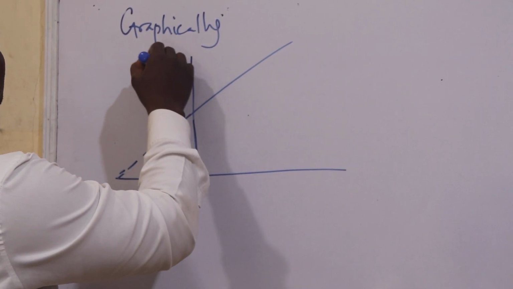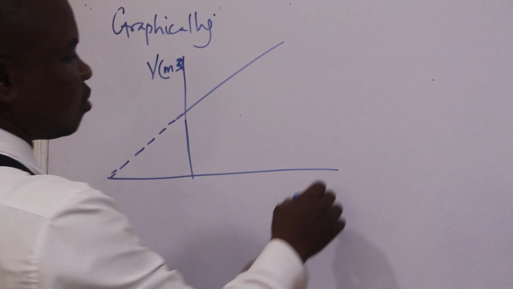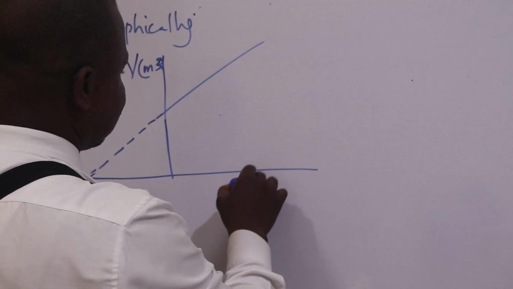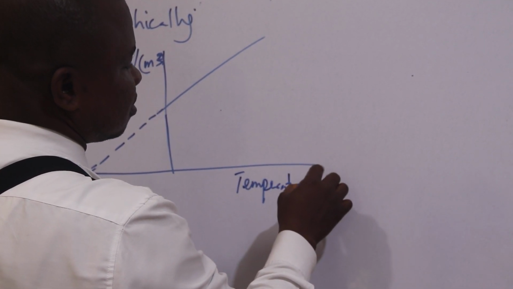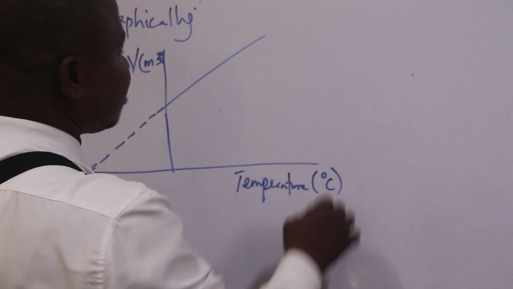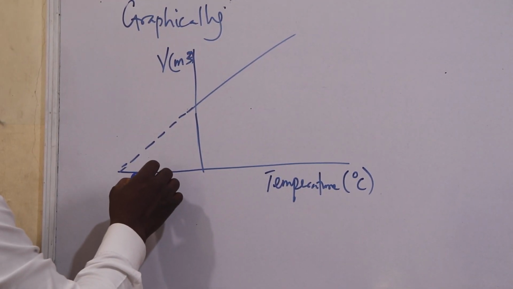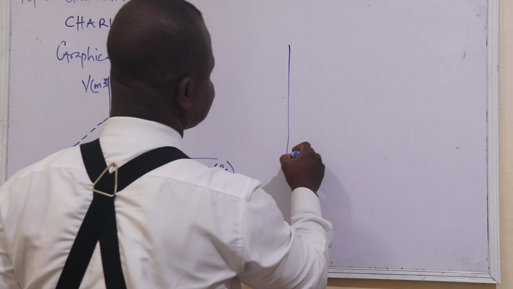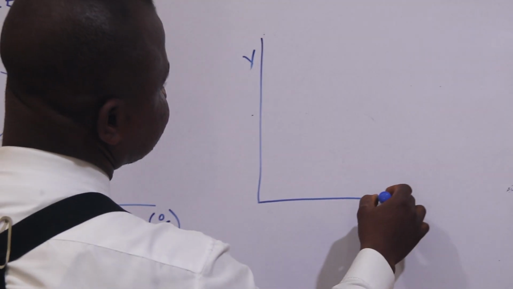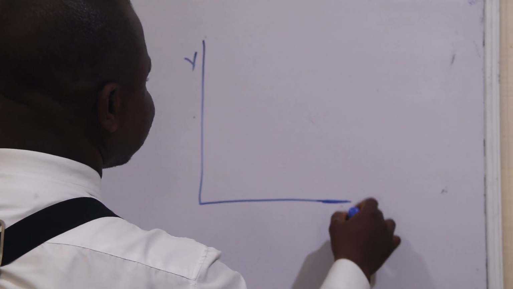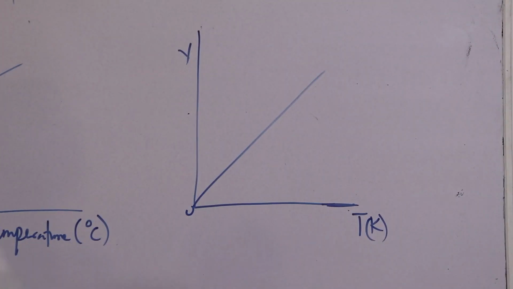This is going to be volume in cm3, and temperature in degrees Celsius, and it's going to be minus 273. Okay, it's going to be my volume against my temperature in Kelvin, passing through the origin.